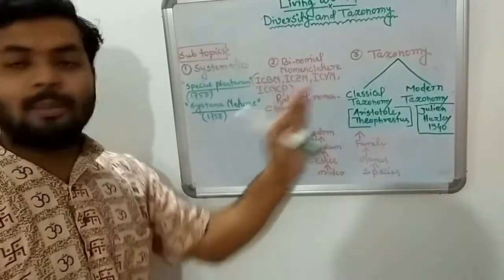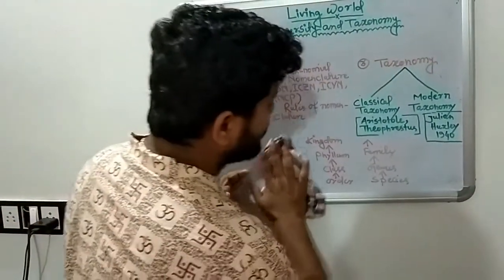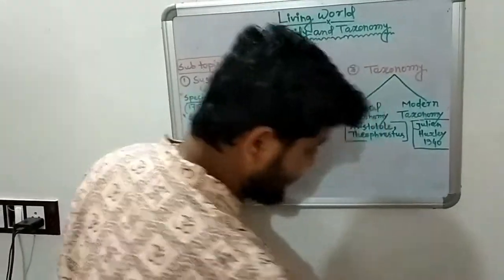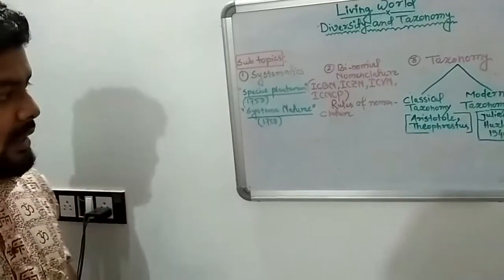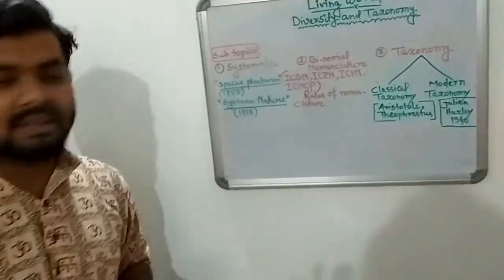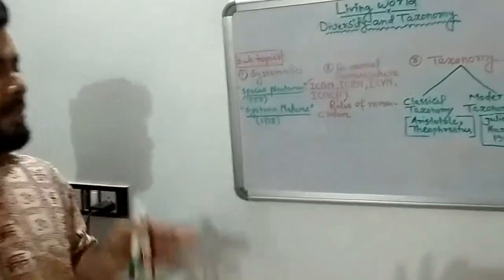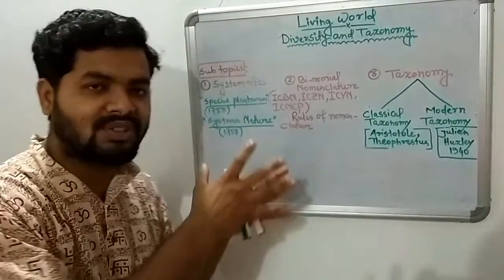Okay, so let's talk about binomial nomenclature. Who gave the names of all organisms? First of all, Linnaeus. Linnaeus talked about nomenclature in 1751, 1753, 1758. He mentioned all of these things.